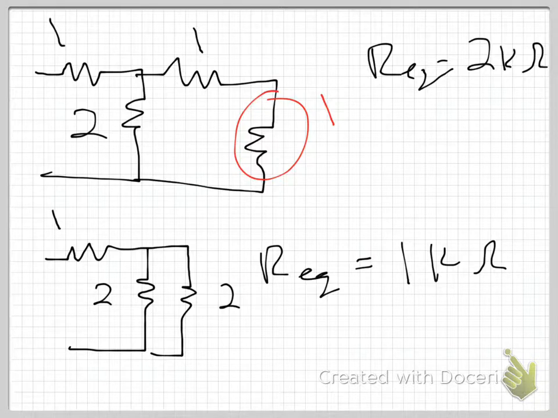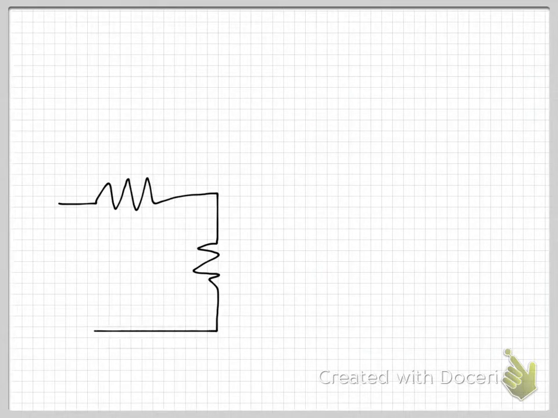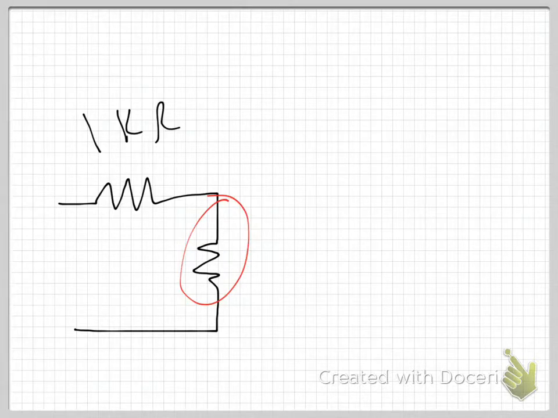But for this one I've already done the math, and so I can again draw an equivalent circuit which looks like this. Here's my 1 kilo ohm, and now I have my equivalent 1 kilo ohm. Here I have room to put in the units, so I'll do it. This is my equivalent resistor. This is my 1 kilo ohm resistor. And now of course I'm at the last step.